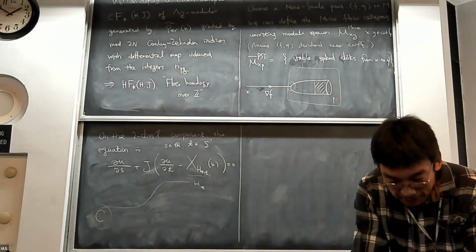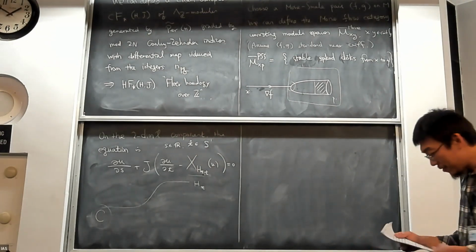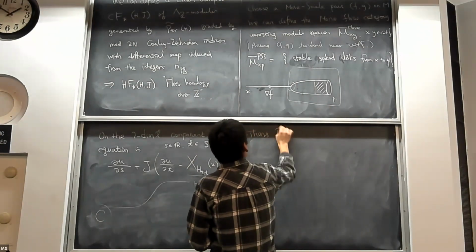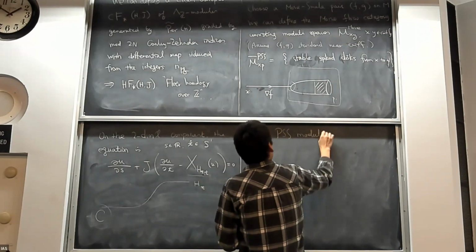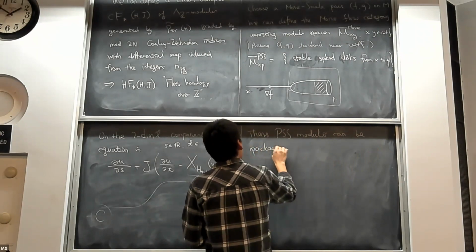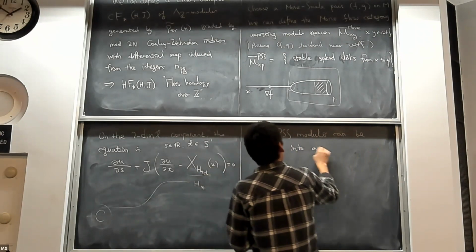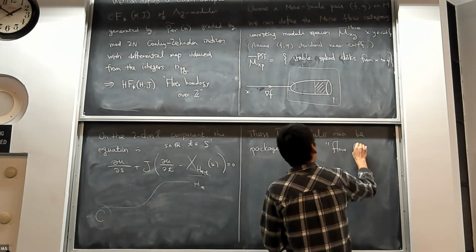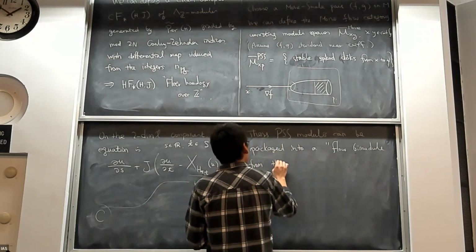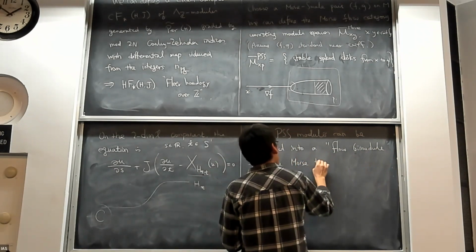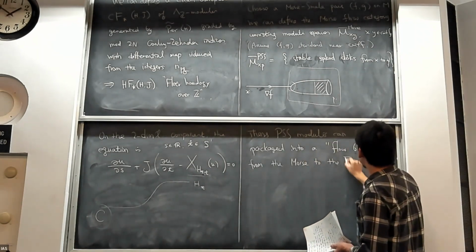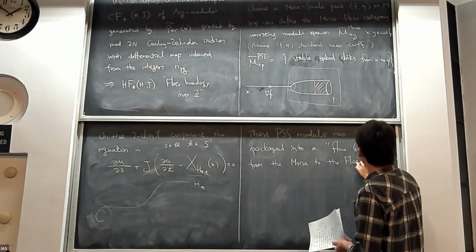Let me just say some general nonsense. Those moduli spaces can be packaged into a flow bimodule, from the Morse flow categories.